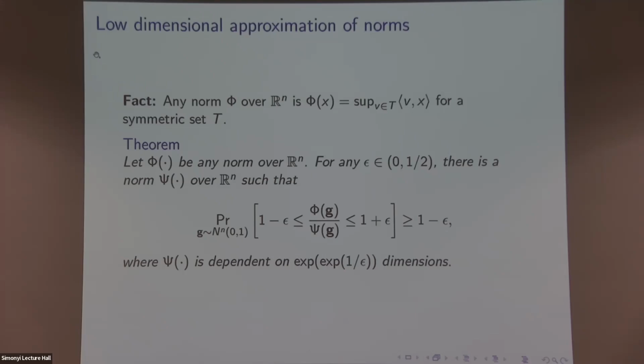So a constant width polytope can be approximated by a constant dimensional polytope. If you're familiar with CNF, DNF kind of things, this is very analogous to the statement that a constant width CNF can be approximated by a constant size CNF.